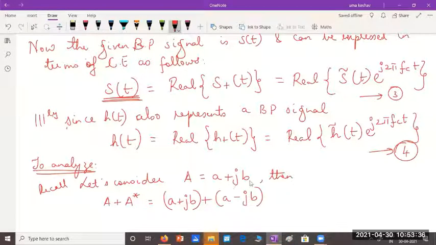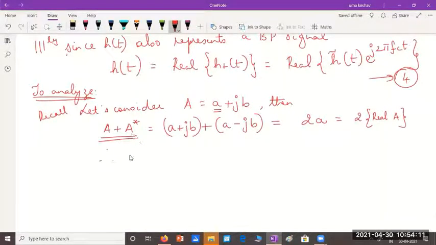So the conjugate of the signal A plus jB is A minus jB. And if I add a signal to its conjugate, which part will be retained? Only the real part of the signal is retained, or I can say twice the real part. Right? 2 times A represents the real part of the given signal, capital A.